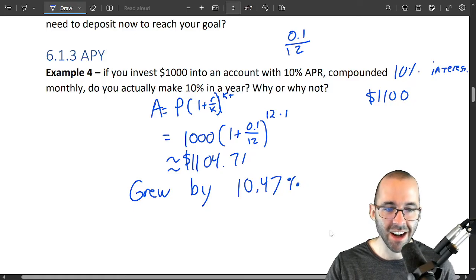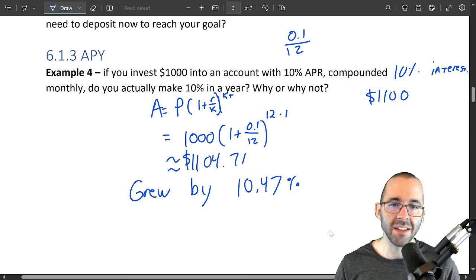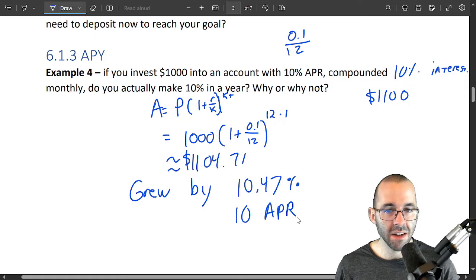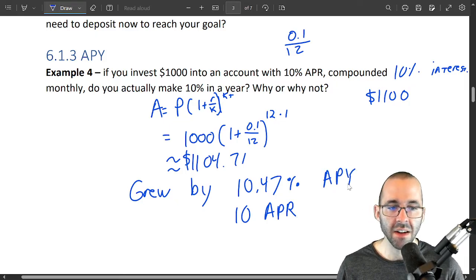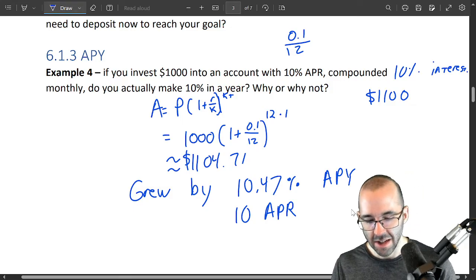That's the extra stuff. So that's what APY is all about. 10% APR compounded monthly is 10.47% APY. There we go.